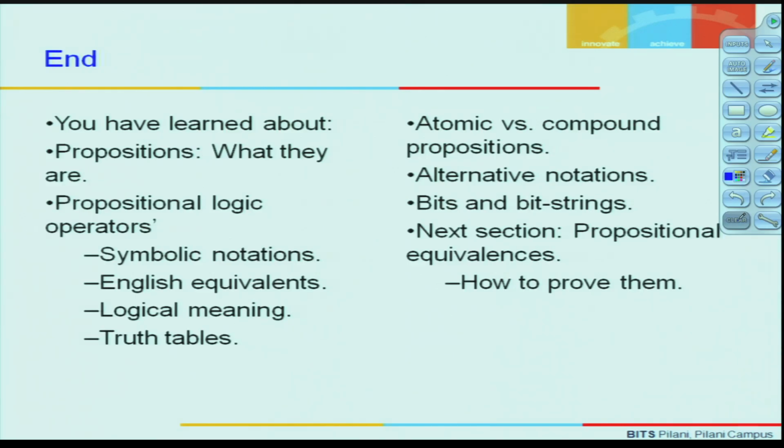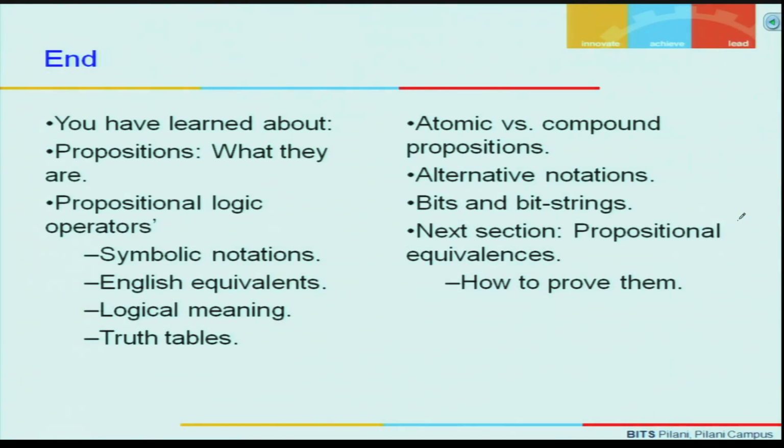So we have learned what a proposition is and why it is important. We know, given an English sentence, how we can convert it into symbolic notation. You can call some of them propositions, and how English connects some simple statements to make a compound statement.